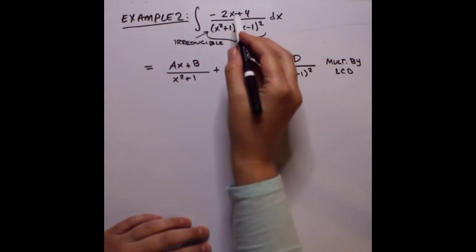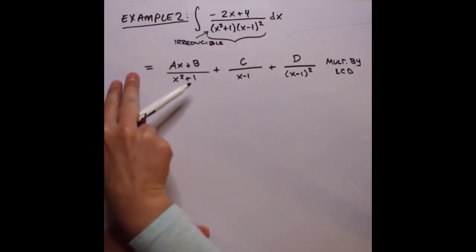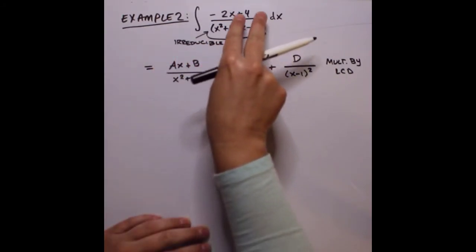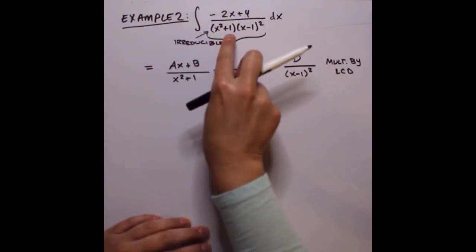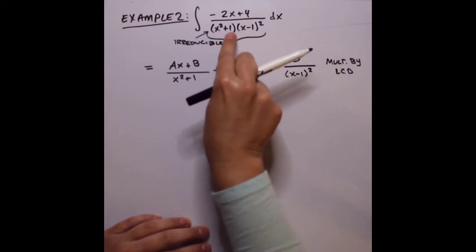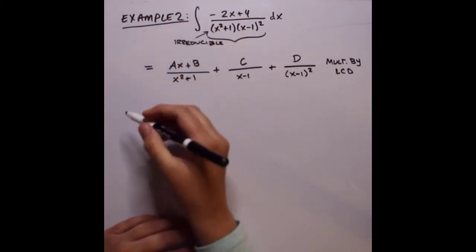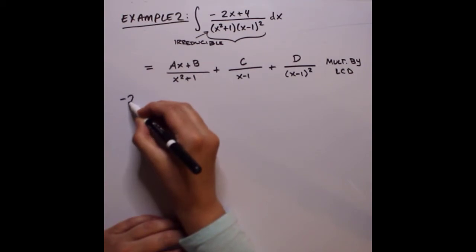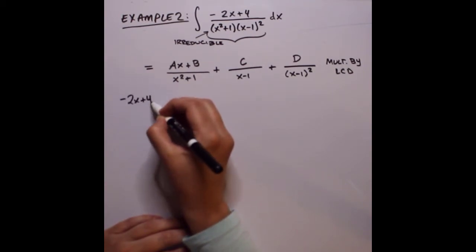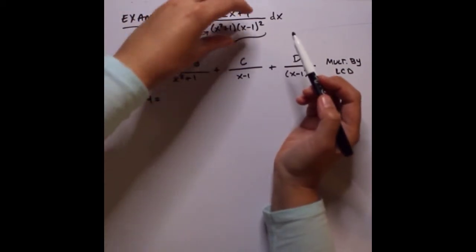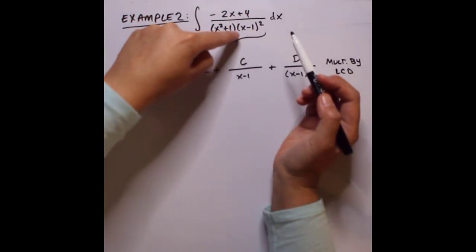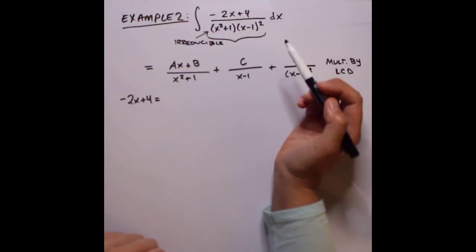If you consider this integrand on the left side of your equal sign, when you multiply it by the LCD, in this case this denominator, all that's going to be left on the left side is negative 2x plus 4. So this integrand multiplied by the denominator, you're left with just the numerator.